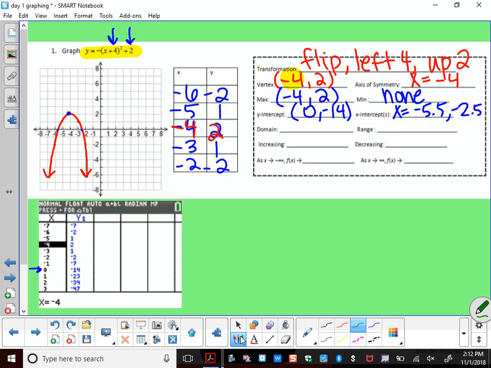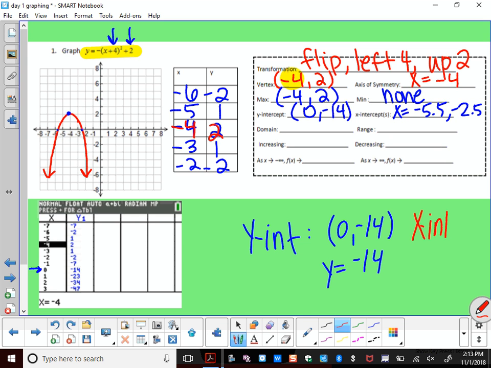For your y-intercept, you can have two answers. You can write it like this, or you can write y equals negative 14. For your x-intercept, you look to see where it crosses the x-axis. For your y-intercept, you're looking to see where it crosses the y-axis, but it's not there in my drawing, so I just did the second way, which is where x is 0.